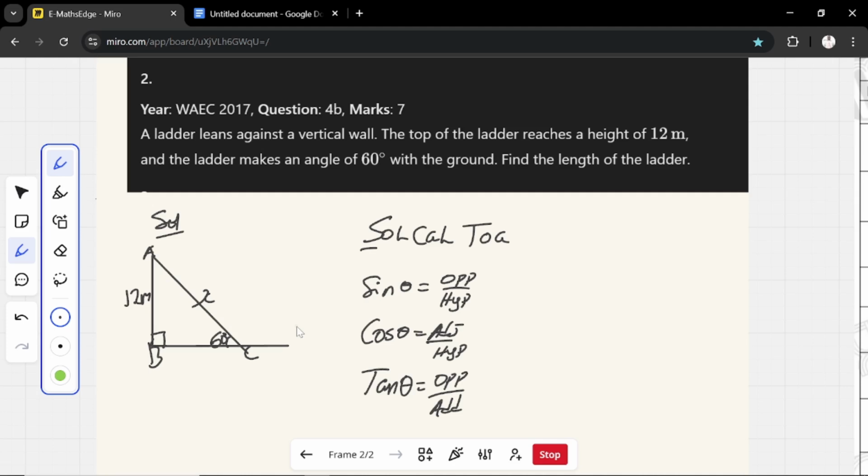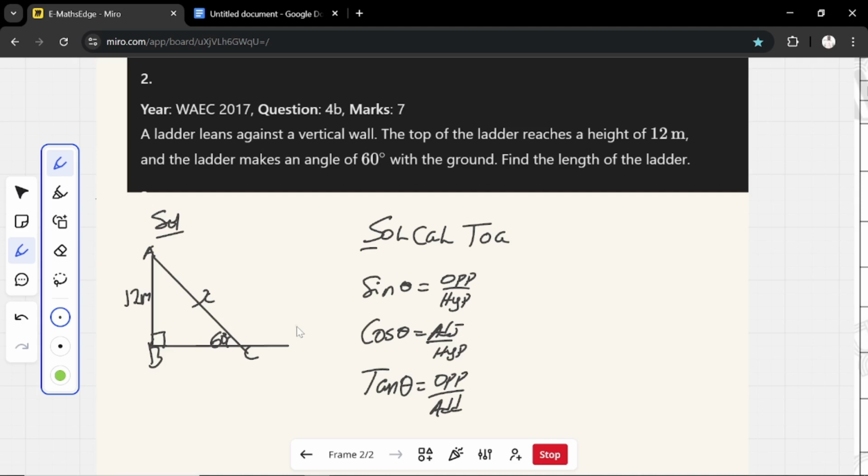That's to say the best formula to solve this problem is sine theta, opposite all over hypotenuse, which we are asked to find. Theta is provided. But if you come to cos theta, theta is provided to be 60, adjacent is not provided, and hypotenuse is not provided. So two variables are to be obtained and we cannot use that.